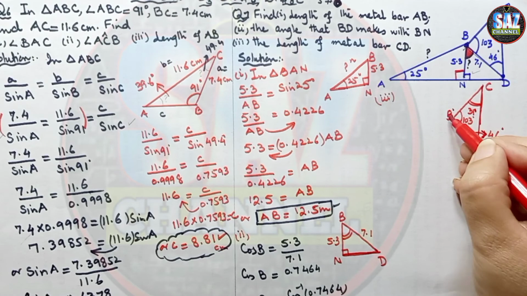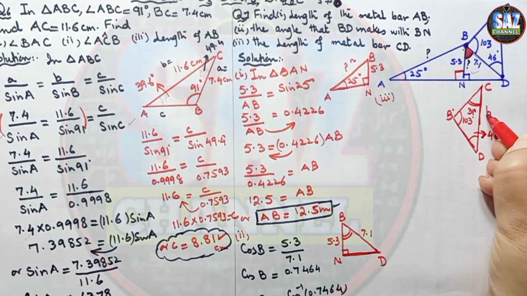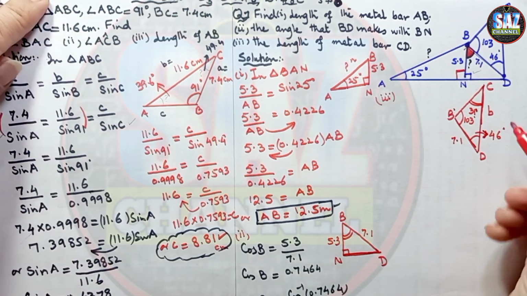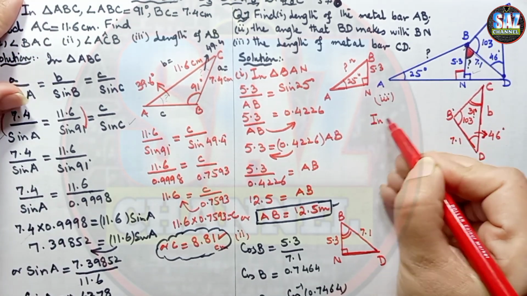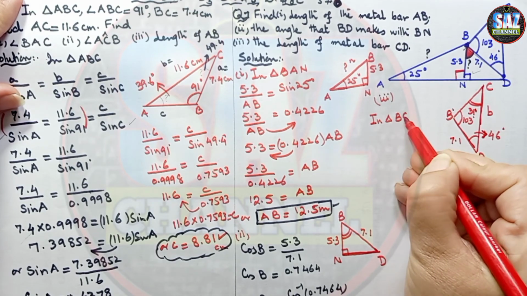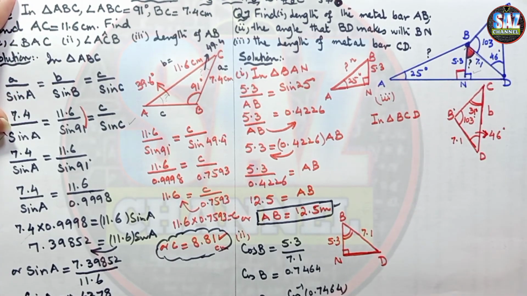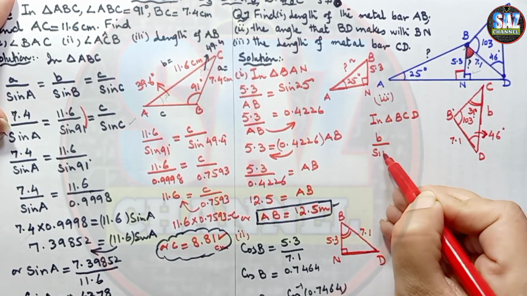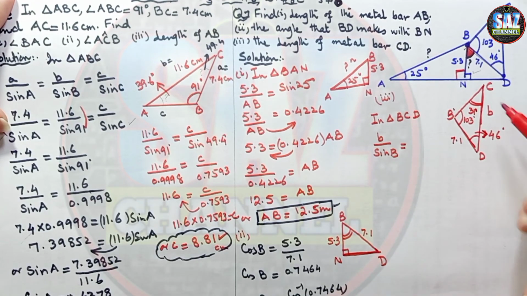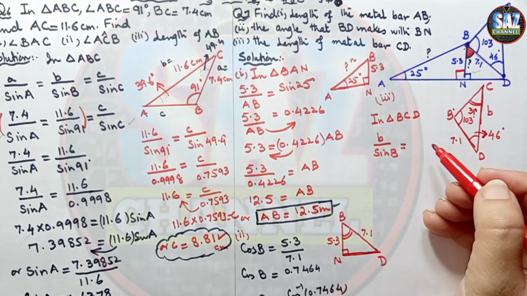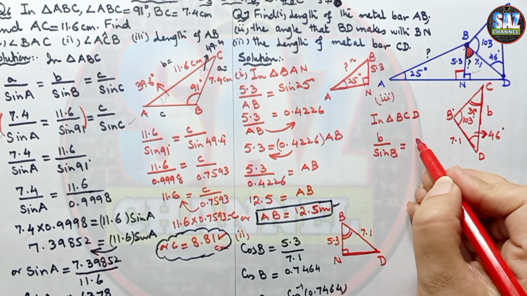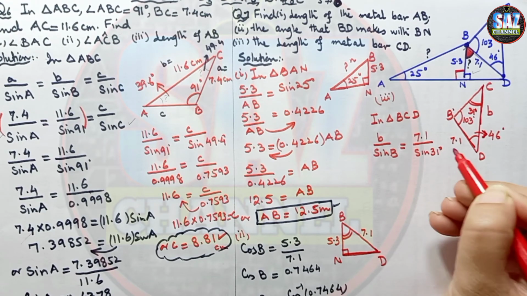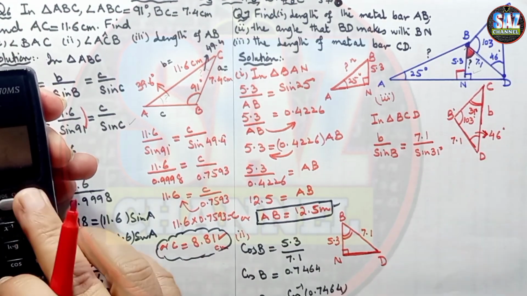Now this is the side opposite to vertex B. This is unknown, and we have this side as well. So in triangle BCD, b upon sine B equals 7.1 upon sine 31 degrees. Now check the value of sine 31 degrees.